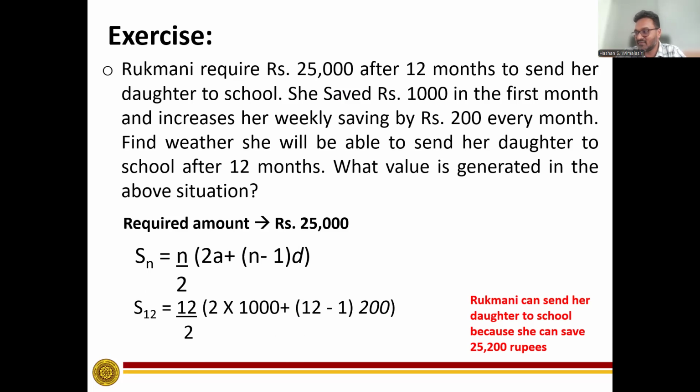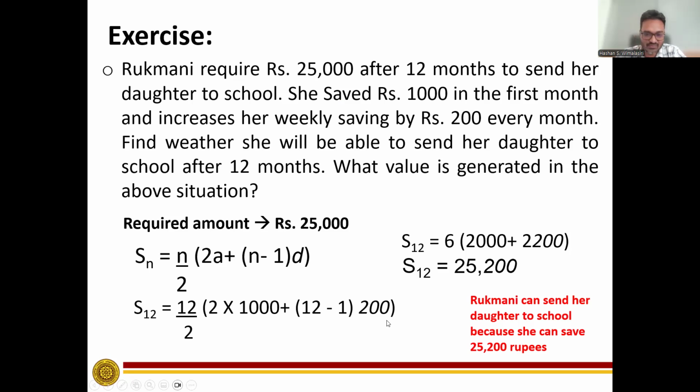So this is the way we apply the values based on this common difference, and we can find 25,200, right? That's the way we can do it using what we call the arithmetic series.